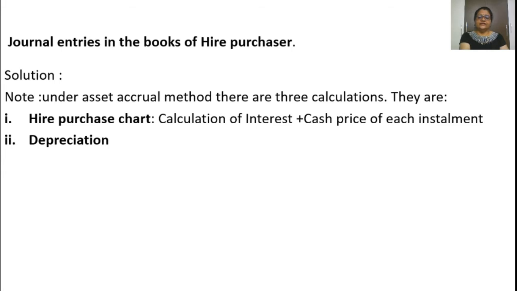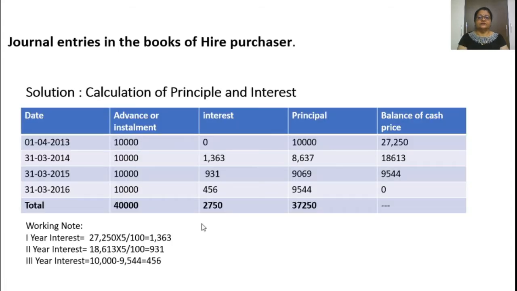In this we are first going to calculate the interest and cash price in each installment, and the depreciation. Now let us take the chart. In the chart, the first column is the date, second advance or installment, third interest, then principal, and the last column is balance.